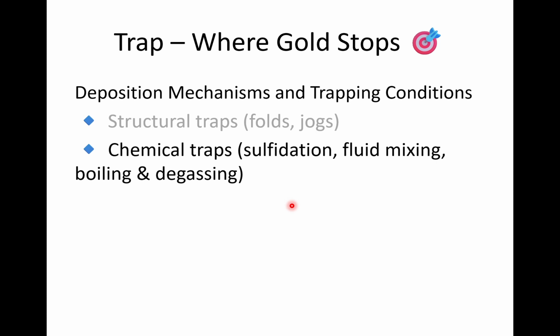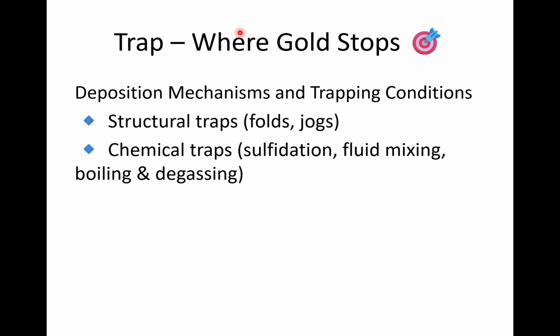When a fluid boils, it loses volatile components such as carbon dioxide into the vapor phase, and the liquid's capacity to carry gold drops dramatically. Gold and other metals then precipitate from the liquid. Boiling also causes rapid precipitation of quartz and some other minerals, forming classic epithermal vein textures.